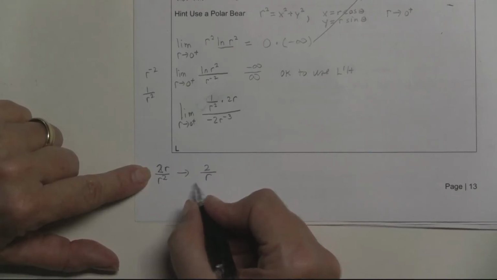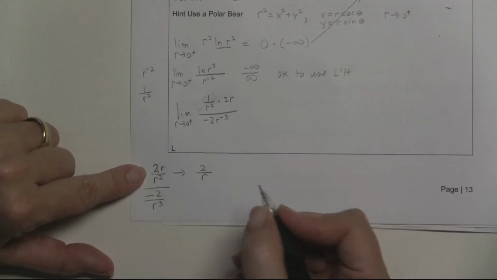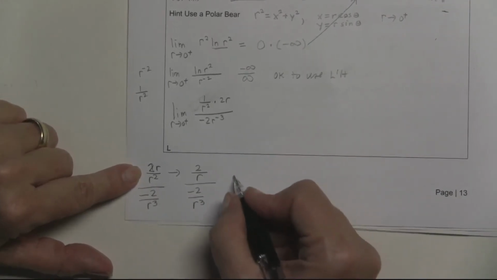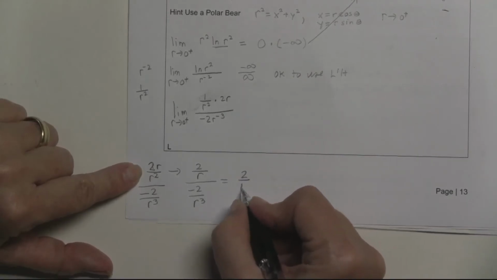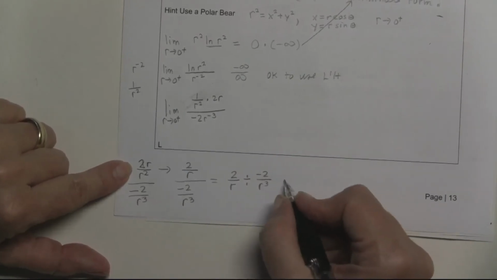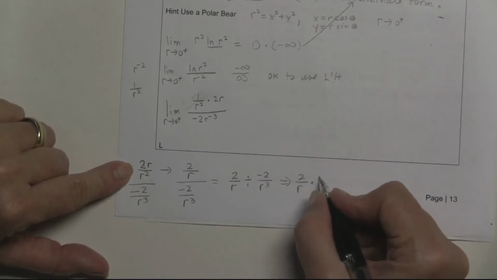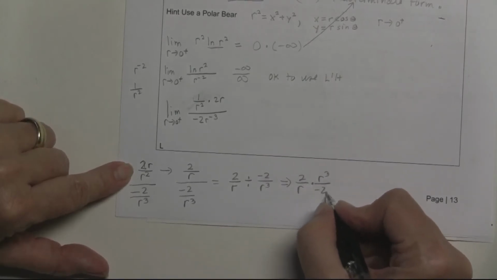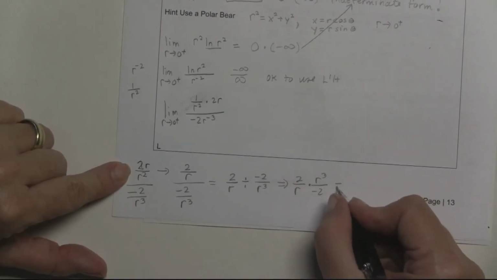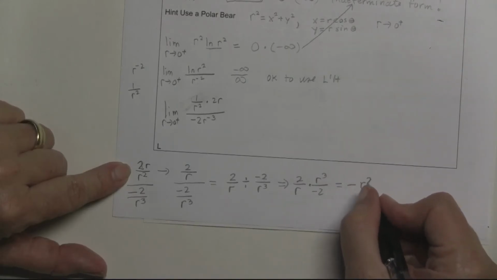And then the denominator is negative 2 over r cubed. So we're dividing that, right? 2 over r divided by negative 2 over r cubed. Yeah, I'm getting too much into the algebra. I know, I'm sorry. I can't help it. I teach a lot of algebra. Times r cubed over negative 2. And so when the dust clears here, the 2's are going to cancel out. So I get negative r squared.